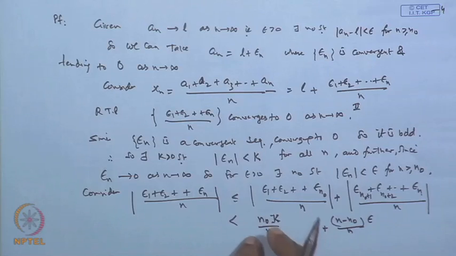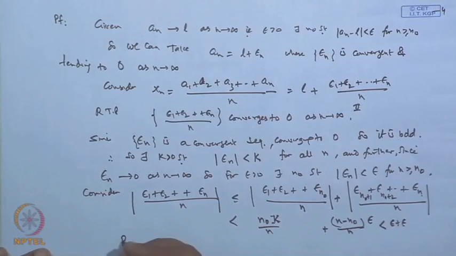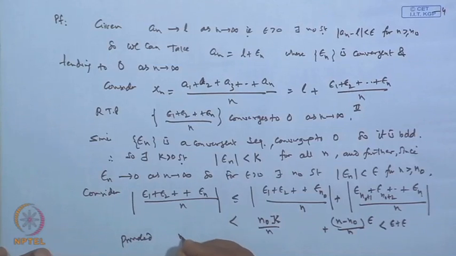Now, n naught is fixed, k is fixed. So, if I choose epsilon such that n naught k by n is less than epsilon, then what happens? This is less than epsilon plus epsilon, provided n is greater than n naught k by epsilon.